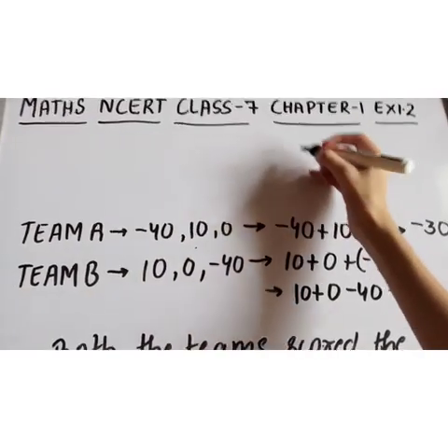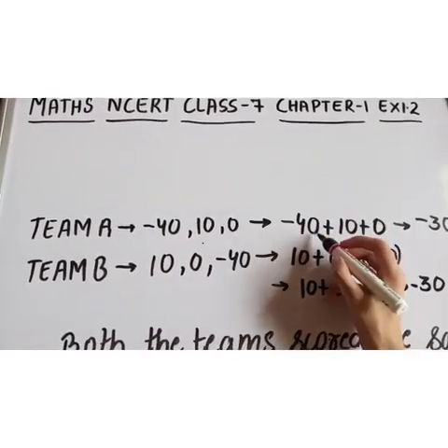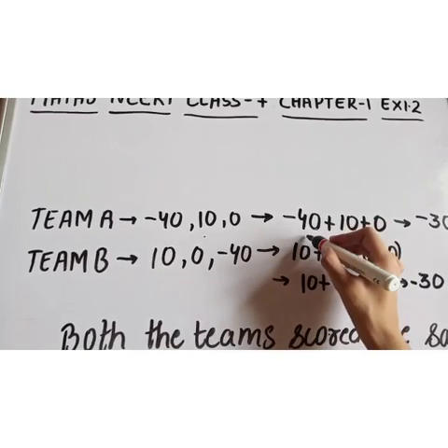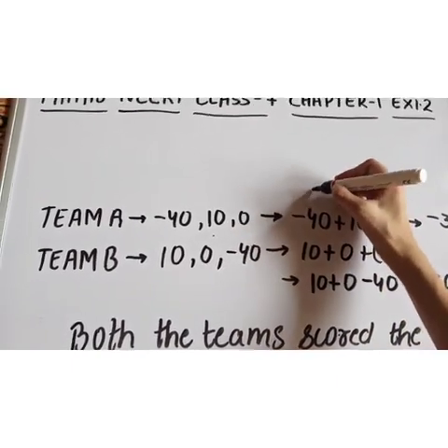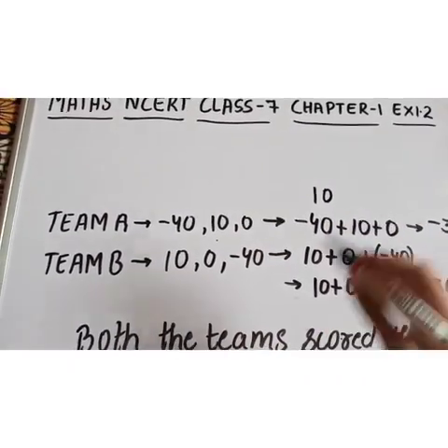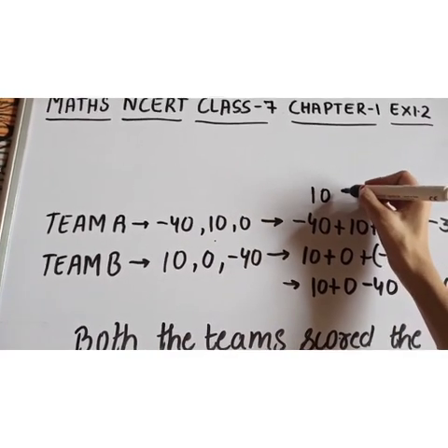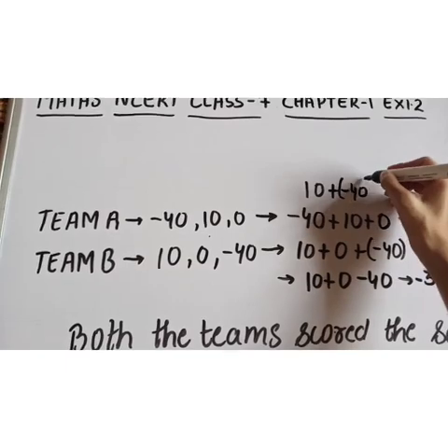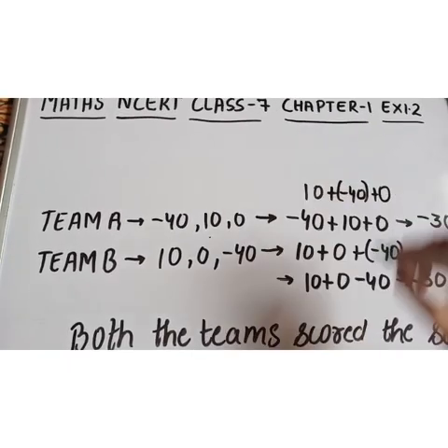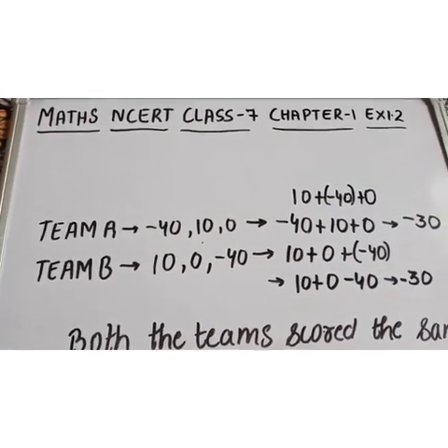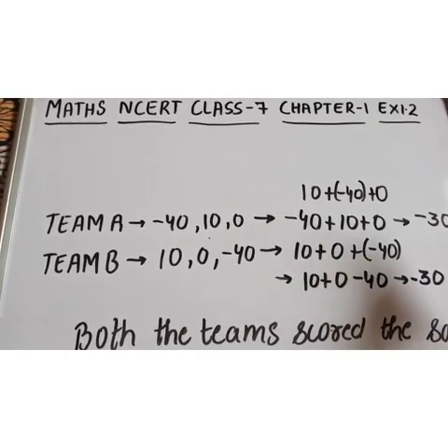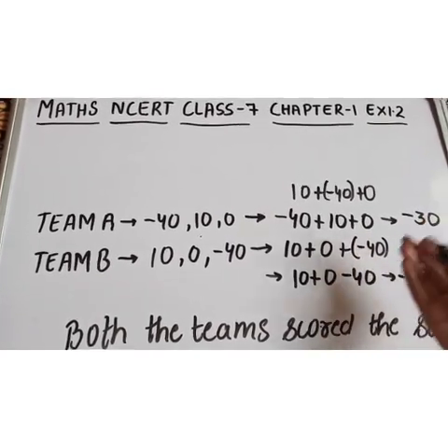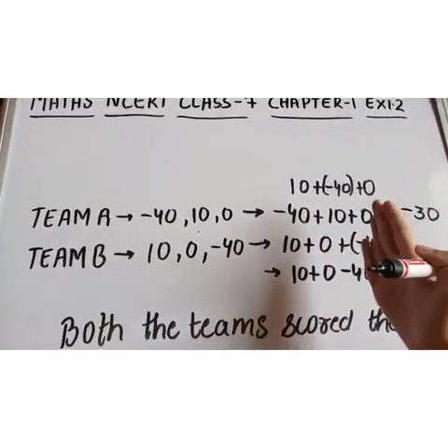I'm saying that in the place of minus 40 we place 10, and in the place of 10 we place minus 40, and 0 as it is. Can't we get the same answer? We will then also get the same answer. So we can add the integers in any order.